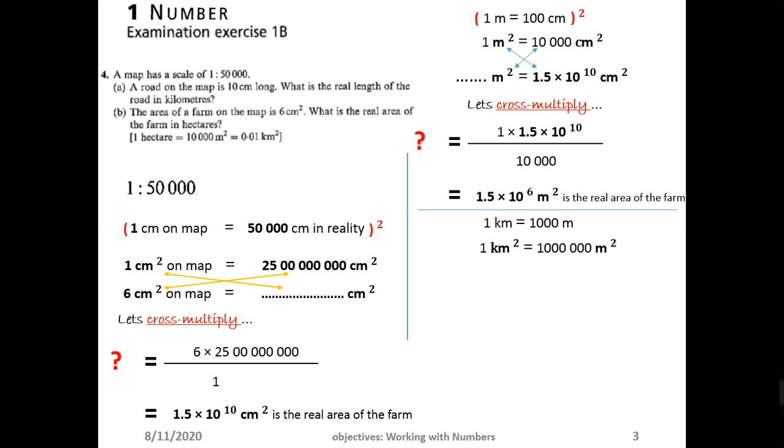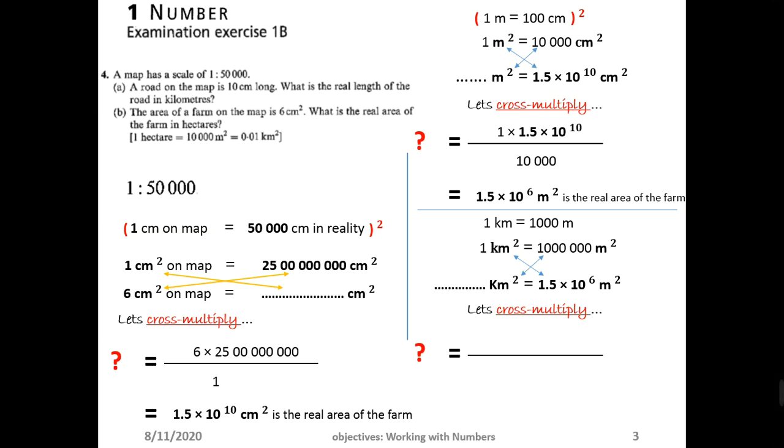Now, what we found is 1.5 times 10 to the power of 6 in meters squared. So it will go underneath the million or the 10 to the power of 6, which leaves the kilometer squared unknown. Let's cross multiply. When we cross multiply, we immediately write question mark, or my unknown, is equal to a fraction line. What is the question mark multiplied by?